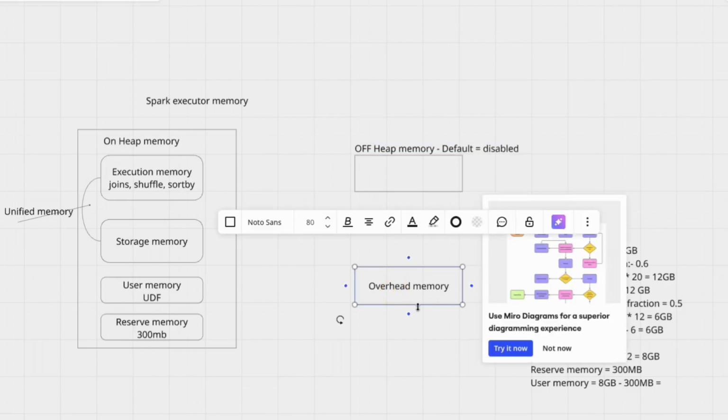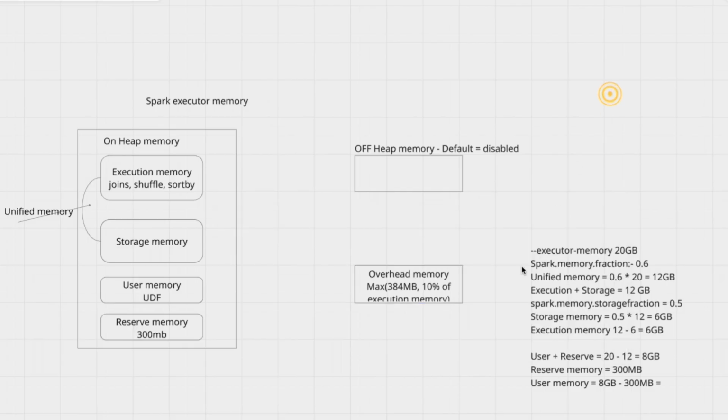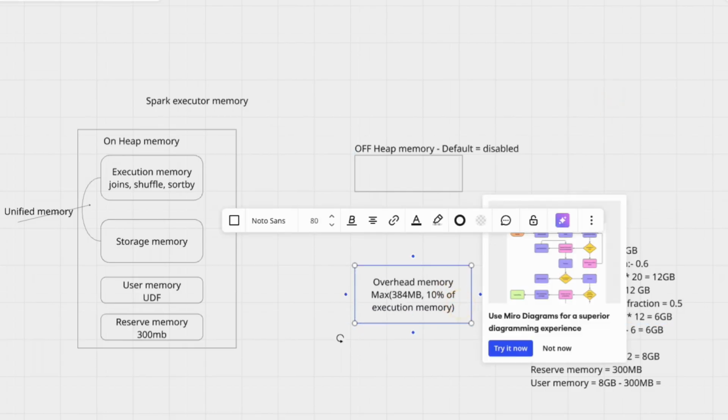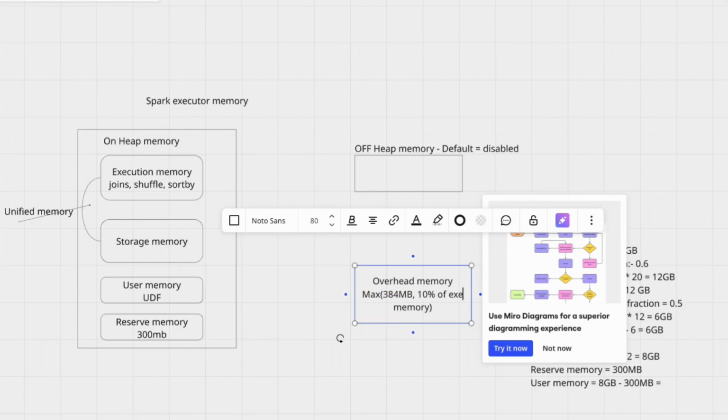Overhead memory has a calculation of the max of, by default, 384 MB or 10% of executor memory. So you can calculate 10% of your executor memory.